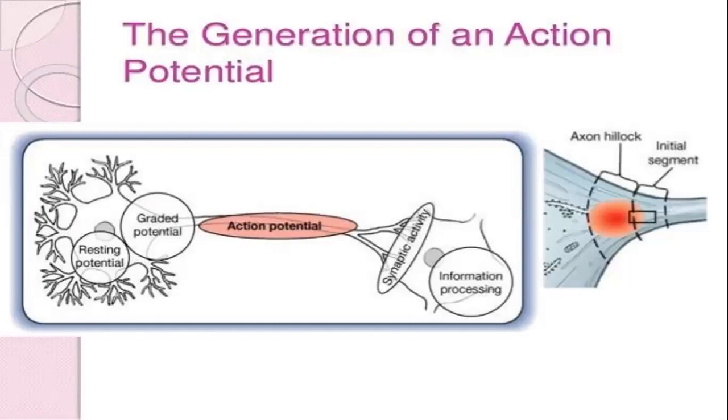That is 350 to 500 sodium channels per square micrometer of membrane in the initial segment of the axon in myelinated mammalian neurons.